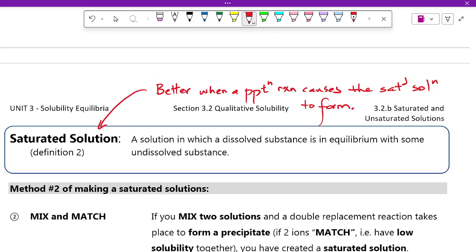Rather than saying it is the maximum concentration of solute that we can dissolve, which implies we dumped in some solute and stirred it, now we're defining it as a dissolved substance in equilibrium with some undissolved substance.